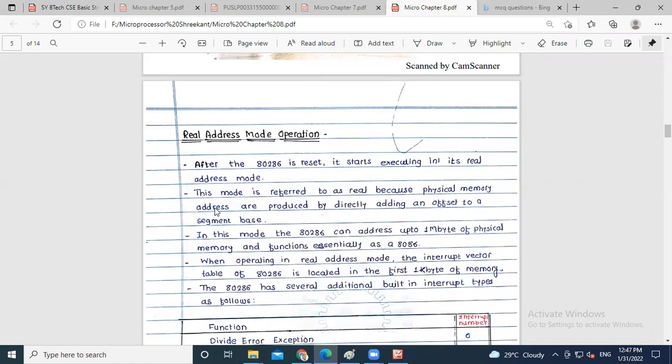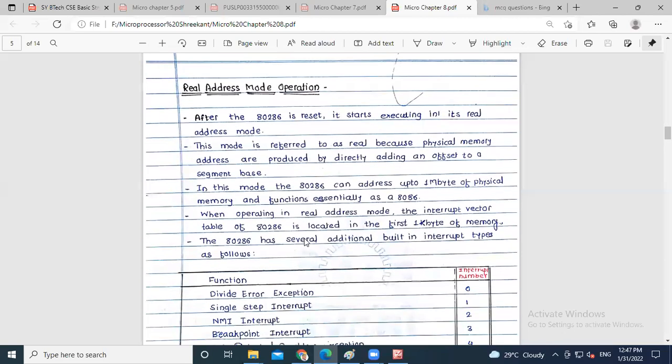In this mode, the 80286 can address up to 1 megabyte of physical memory and functions essentially as an 8086. When operating in real address mode, the interrupt vector table of the 80286 is located in the first 1 kilobyte of memory, within the 1 megabyte space.